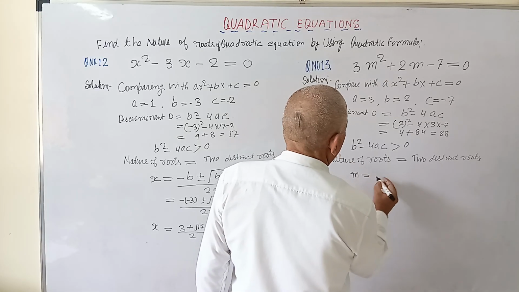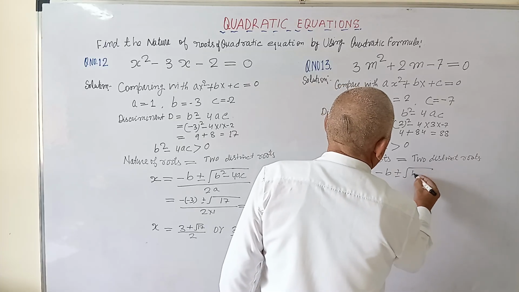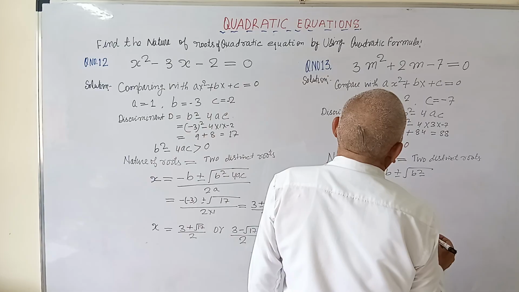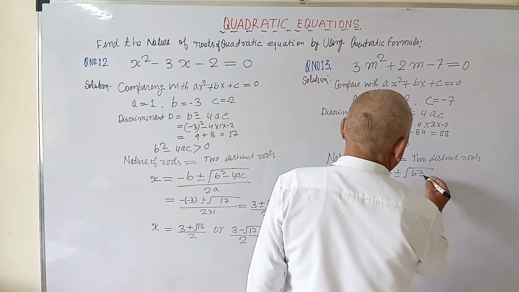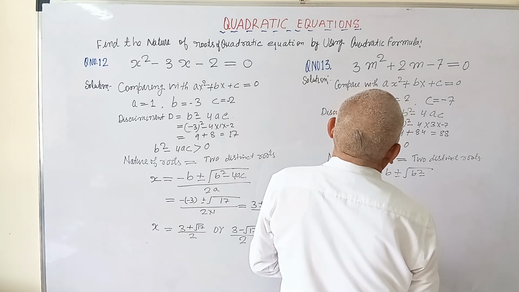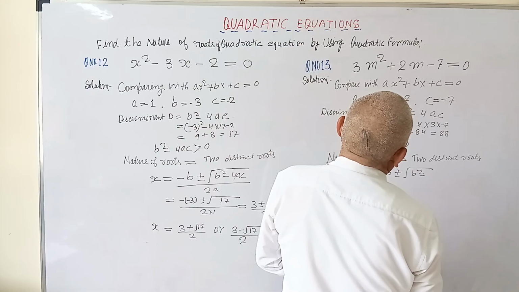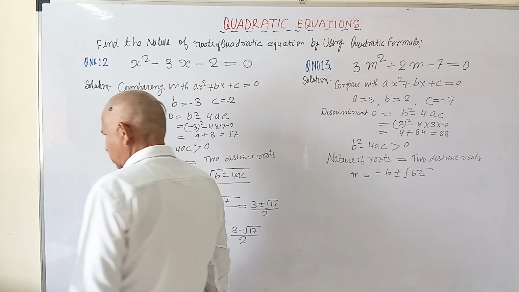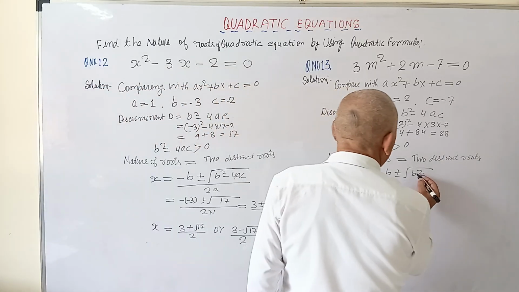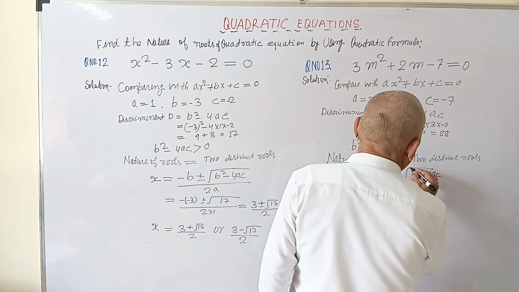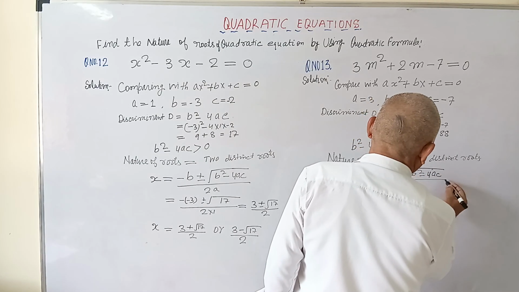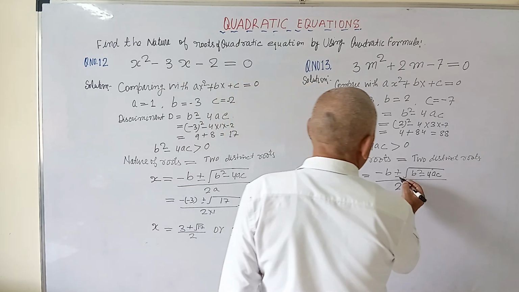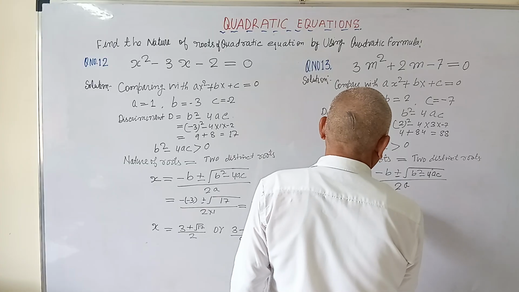Now here it is m equals minus b plus minus under root b square minus 4ac upon 2a.